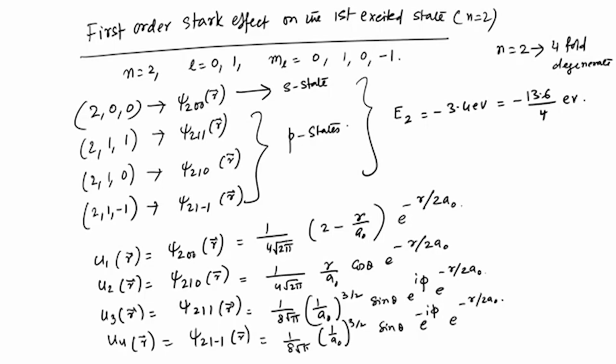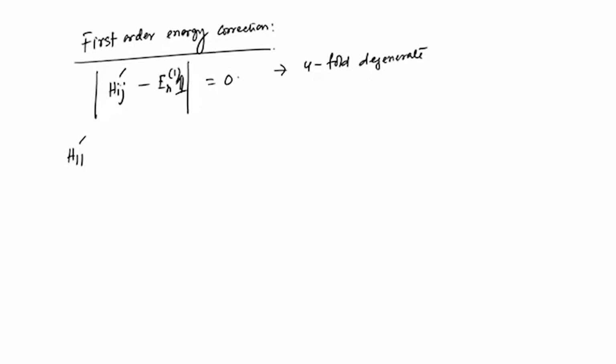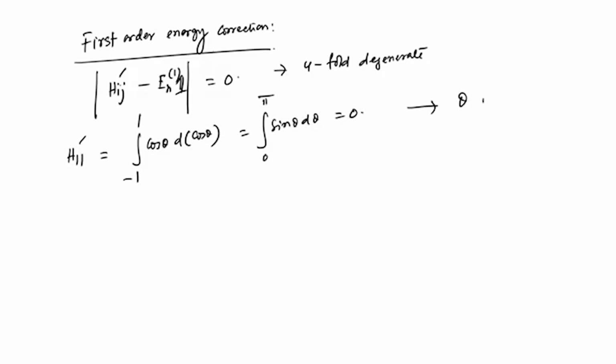So, the only theta will come from the sine theta d theta from 0 to pi, which is equal to 0. So, H11 prime will be 0 because you have cosine theta d of cosine theta, from minus 1 to plus 1, which is the same as sine theta d theta from 0 to pi, this is equal to 0 and so on. So, only the theta integral gives 0.